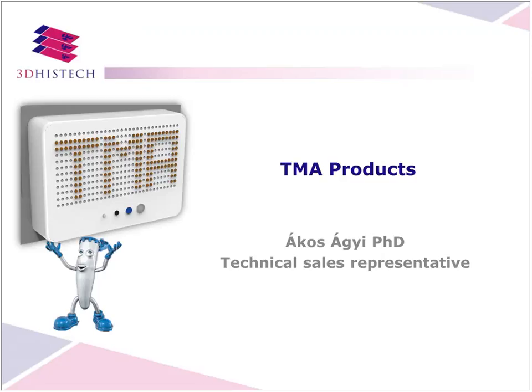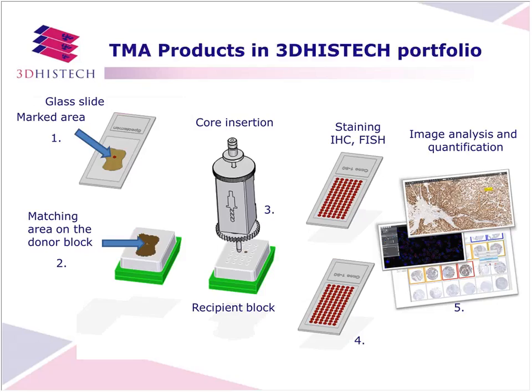First of all, I would like to present you the basic TMA workflow. The first step of the workflow in the case is the case selection. First, the pathologist has to mark a relevant area on the glass slide.